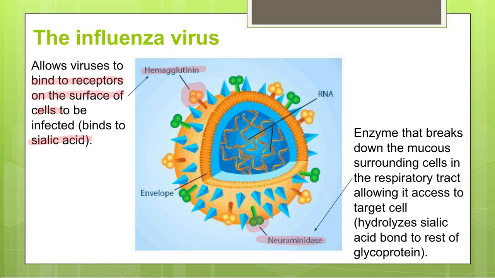This is an enzyme on the surface of the virus that's going to break down the mucus surrounding cells in the respiratory tract. And that allows it access to the target cell. It specifically is going to break the sialic acid bond to the rest of the glycoprotein. So that's actually quite important for how the viruses get re-released back from the host cell, and we'll see that momentarily.